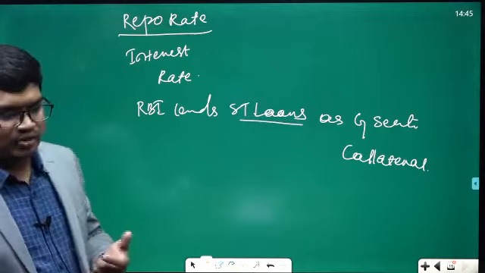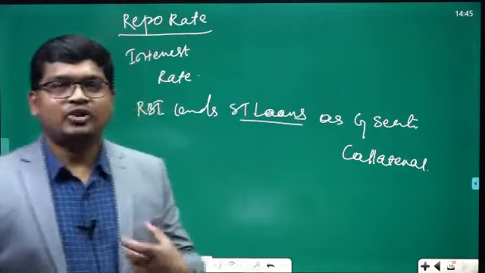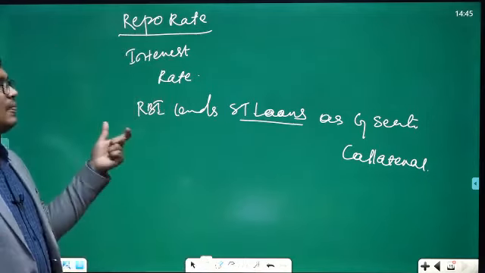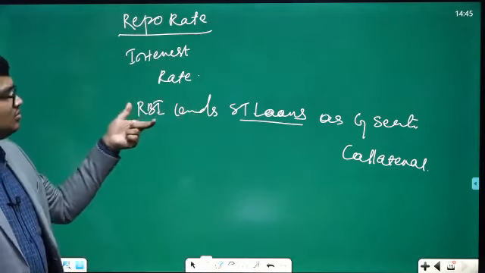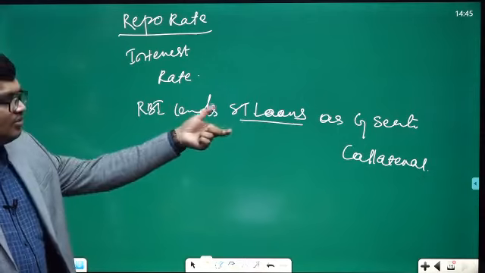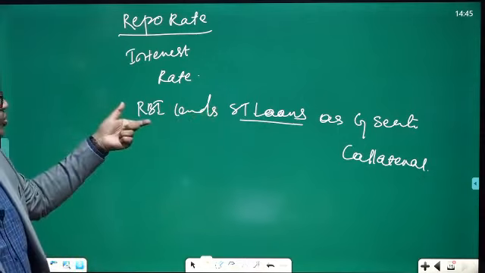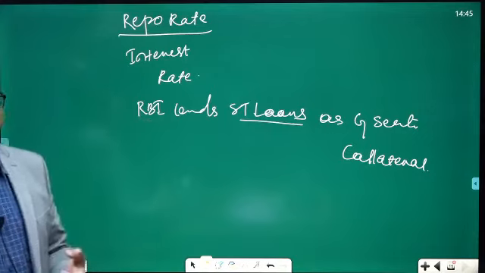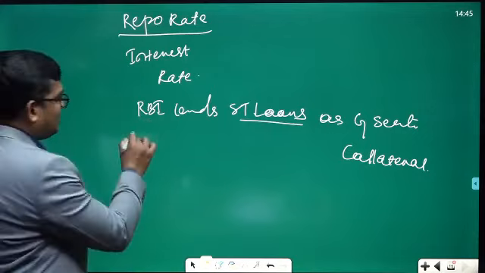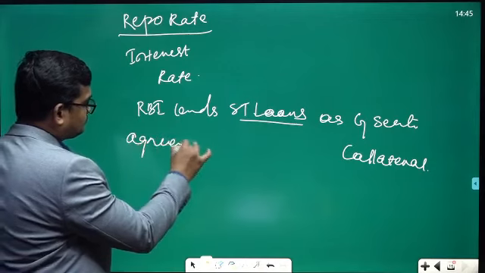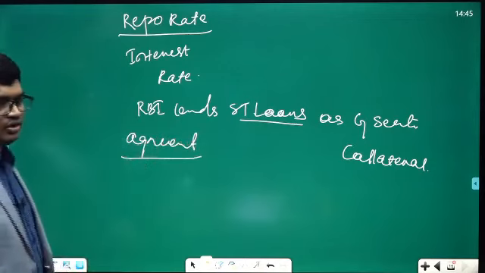Why is this repo rate there? Repo rate means simply when the RBI lends against government securities, then those clients, or you can say the commercial bank, enter into an agreement. Agreement of what?